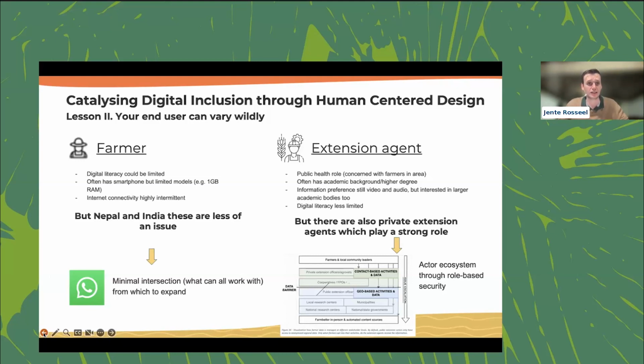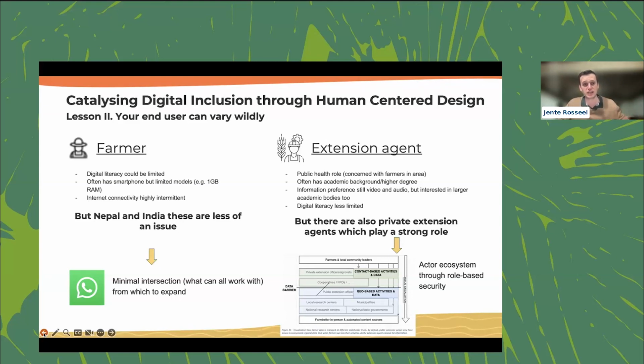In Nepal and India, the smartphones could handle higher apps, and farmers were more used to using different types of apps. So WhatsApp was not necessarily necessary there. They could have also gone with an app directly.